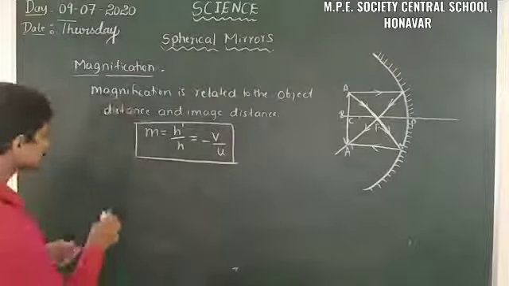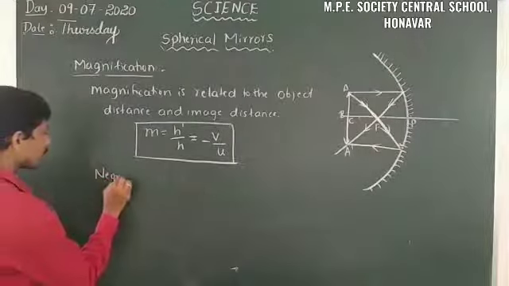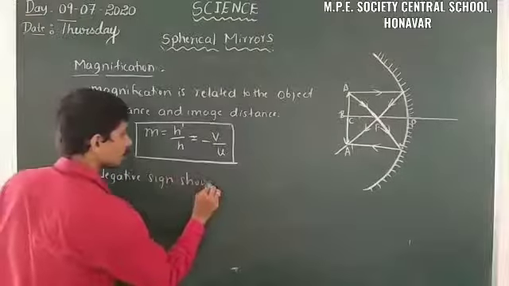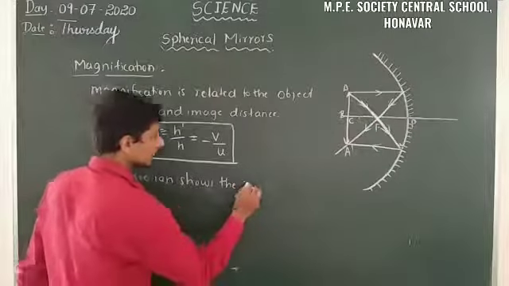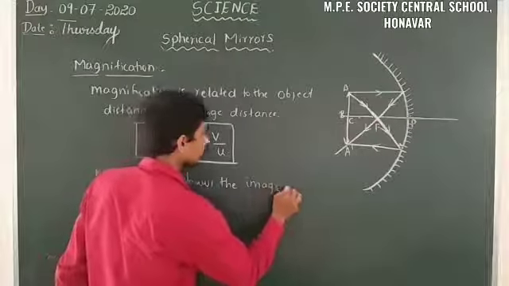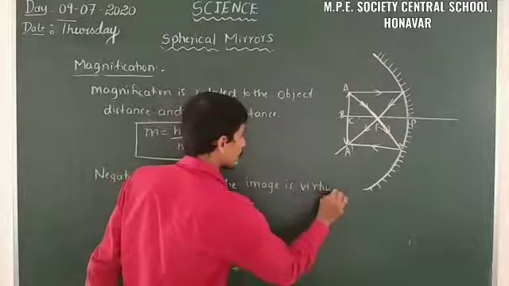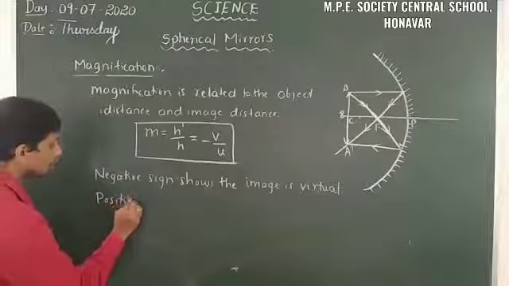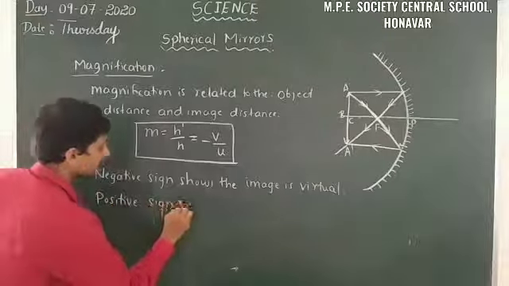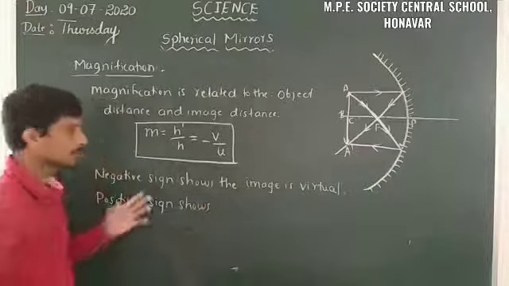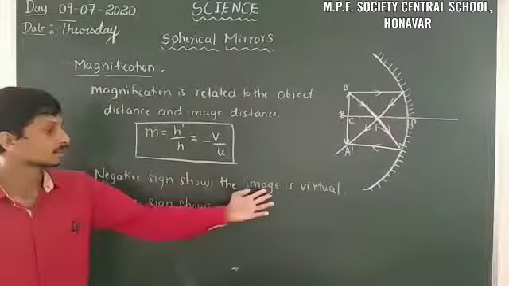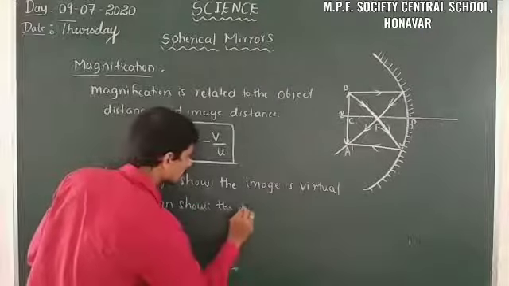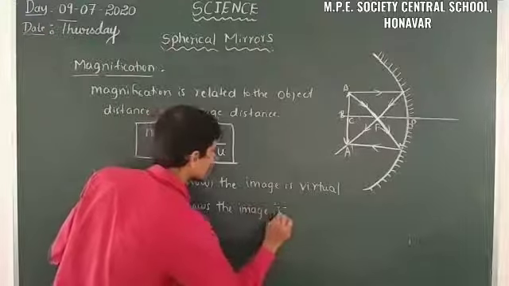If the magnification is negative, the image is virtual, and the positive sign shows the image is real.